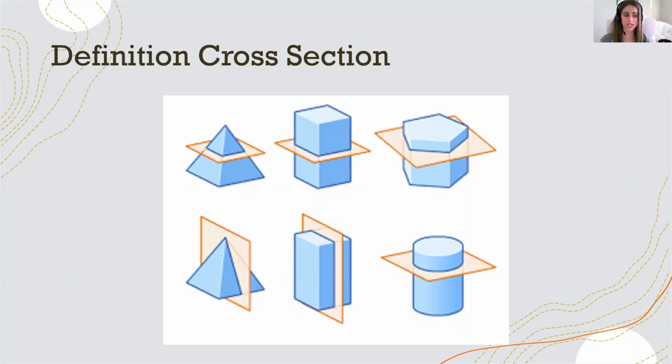And when you are working with cross sections, you can either do it horizontally, which would be this example, this one, and this one. Those are all examples of a horizontal cross section. Or option number 2 would be you could also do a vertical cross section. So where you split that 3-dimensional shape vertically, which would be our 2 on the left here.